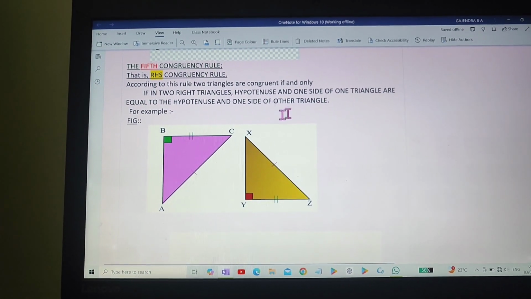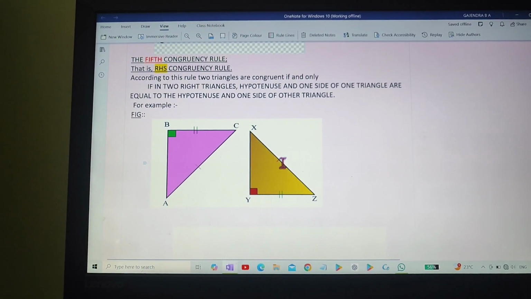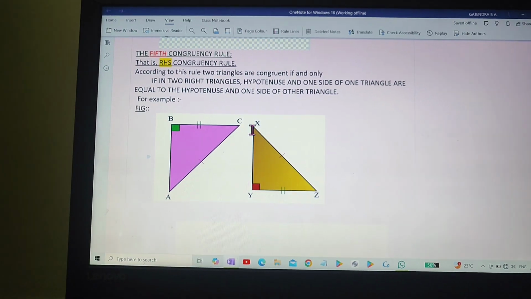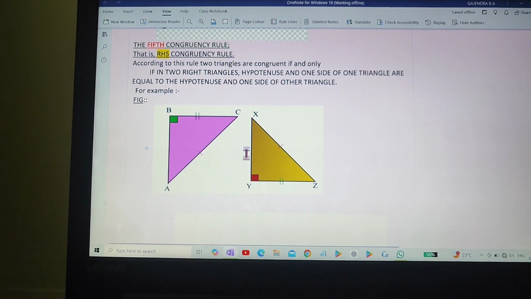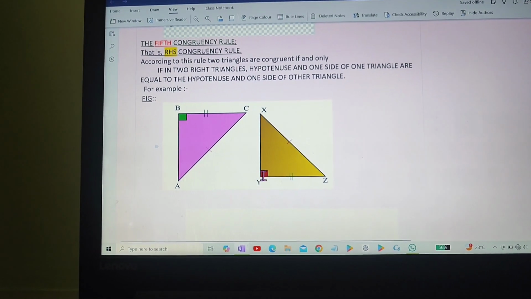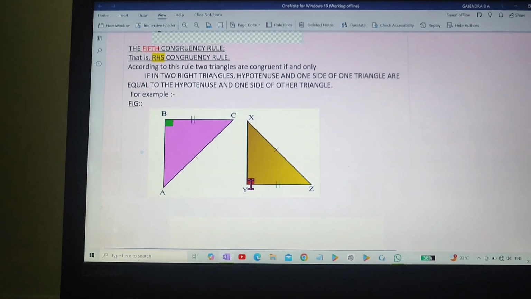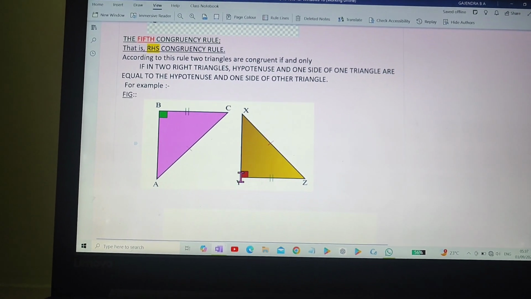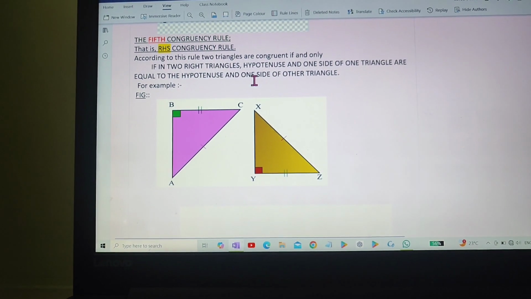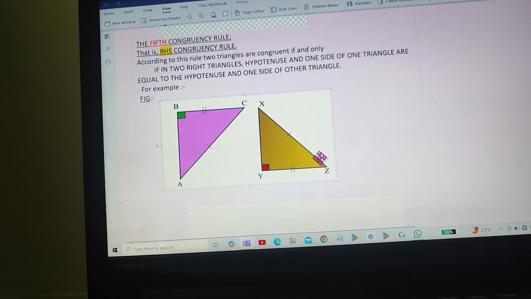To know this congruency rule, first we should know what the hypotenuse is. Hypotenuse is the side opposite to the right angle. XY and YZ are two sides, and angle Y is the right angle, and the side opposite to this is XZ, and this is the hypotenuse.